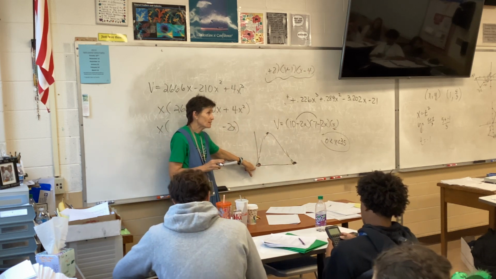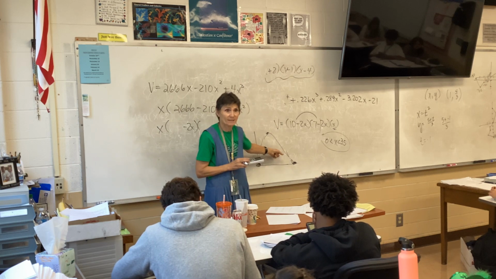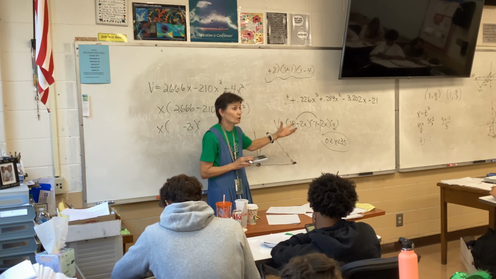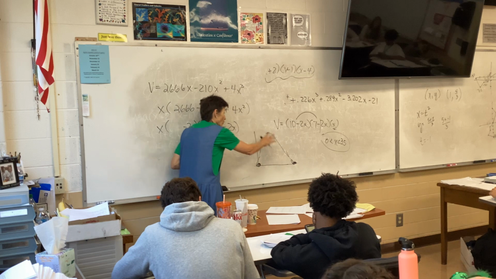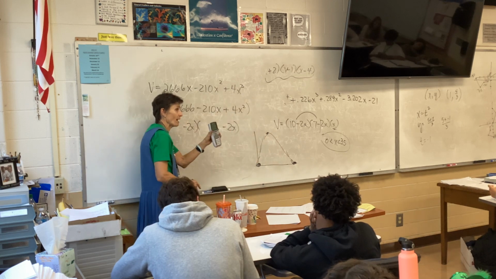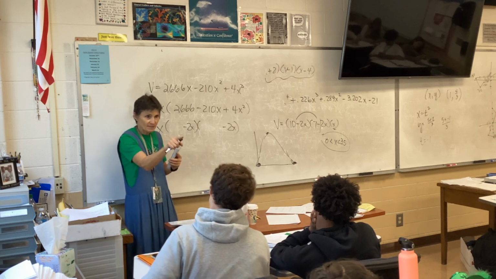Why did I want to see that picture? Because every time I've done a box problem, that's the picture I've wanted to see, right? This one's no different. I'm just looking for different information. What part of this graph do I need to figure out now on my calculator? I have the graph. I need the zeros.